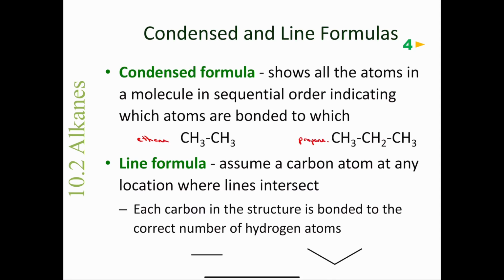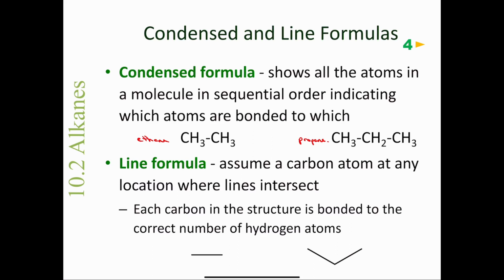What we did in the condensed formula is eliminate all of the carbon-hydrogen bonds. We don't even show those, and we condense them to these little CH3 and CH3, and then we only show the bond between the two carbon atoms. Similarly, in propane, we have the CH3, CH2, and CH3. So again, we are eliminating all the carbon-hydrogen single bonds.